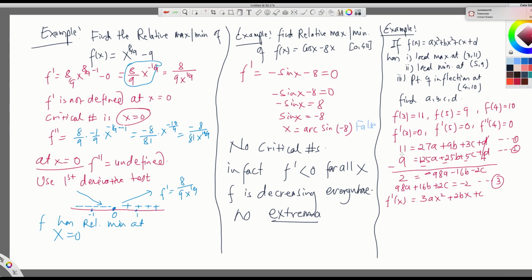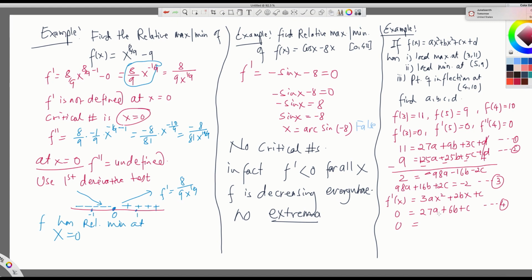And I want to plug in f prime of 3 equals 0. So 0 equals 27a plus 6b plus c. Let's say this is equation 4. And then f prime of 5 is also 0. So 0 equals, what do you get?